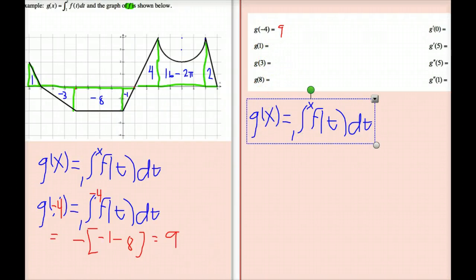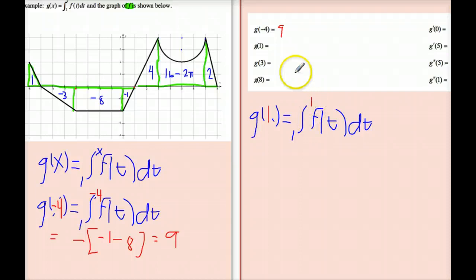So let's erase our x's and plug in a 1. And this should be good. So if I plug in a 1 here and I plug in a 1 here, we know that there is a property when I go from a lower limit and an upper limit that are the same. And that is that my answer has to be 0. Good.